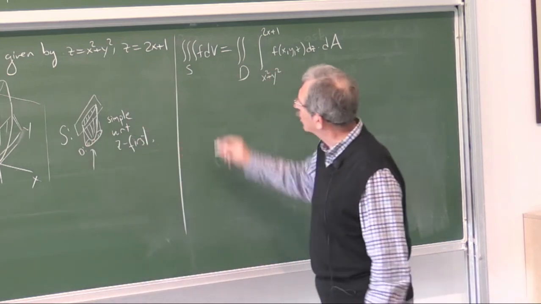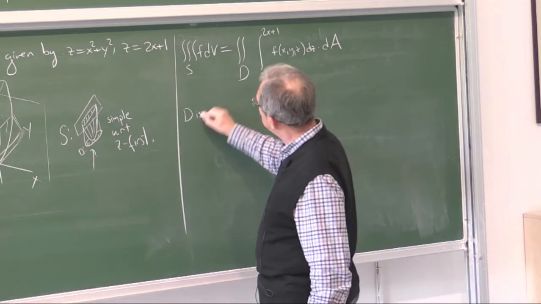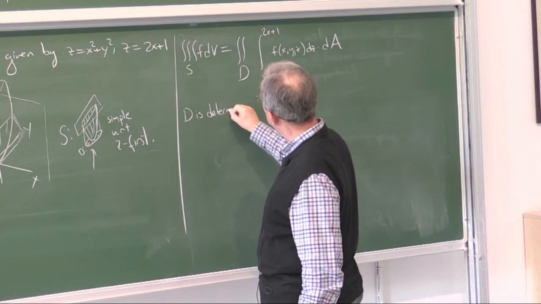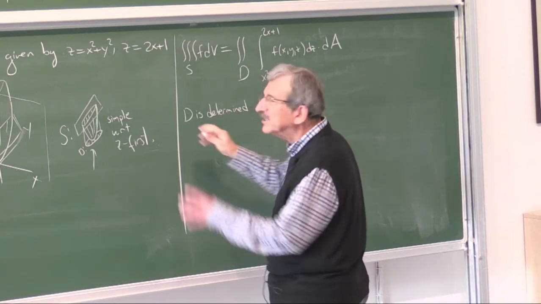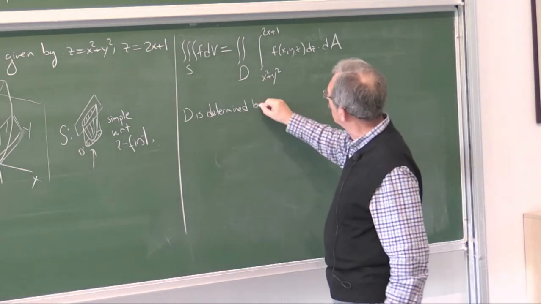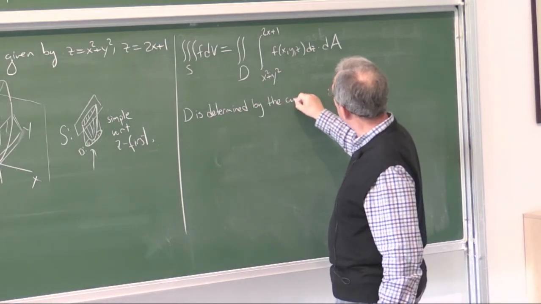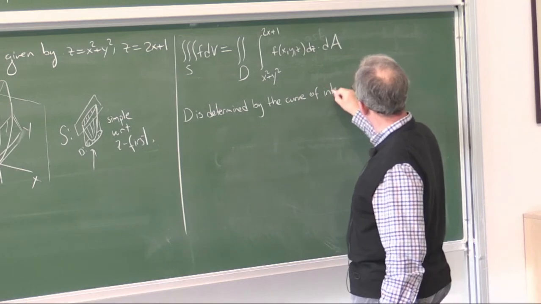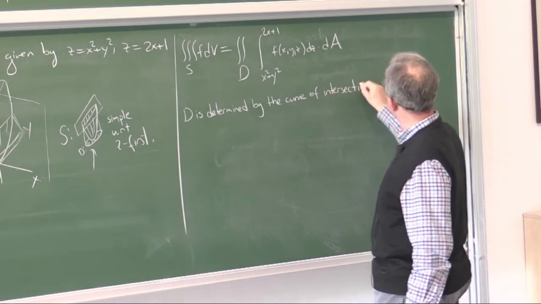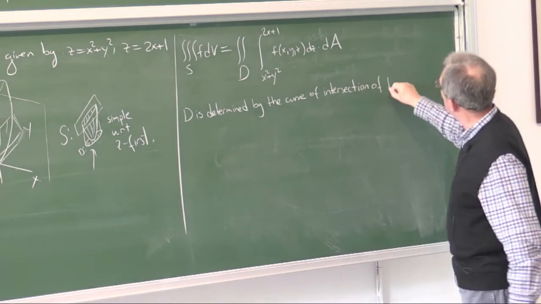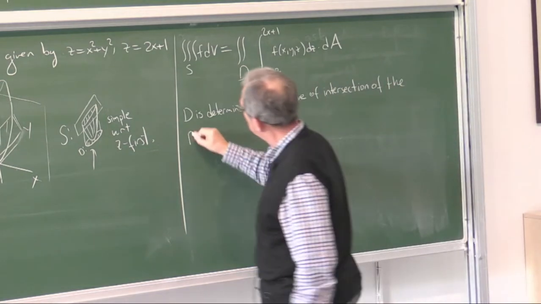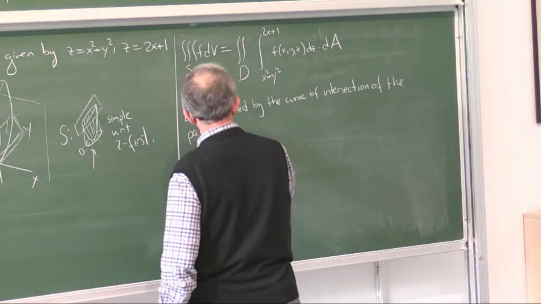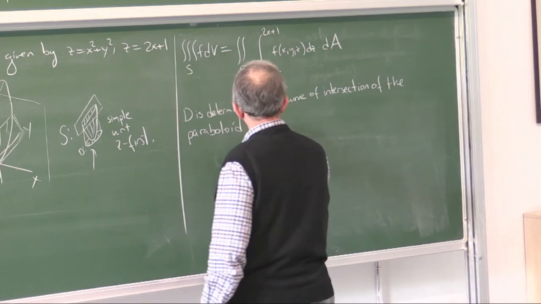So it will be something like this. D is determined, it's the inside part, by the curve of intersection of the paraboloid and the plane.